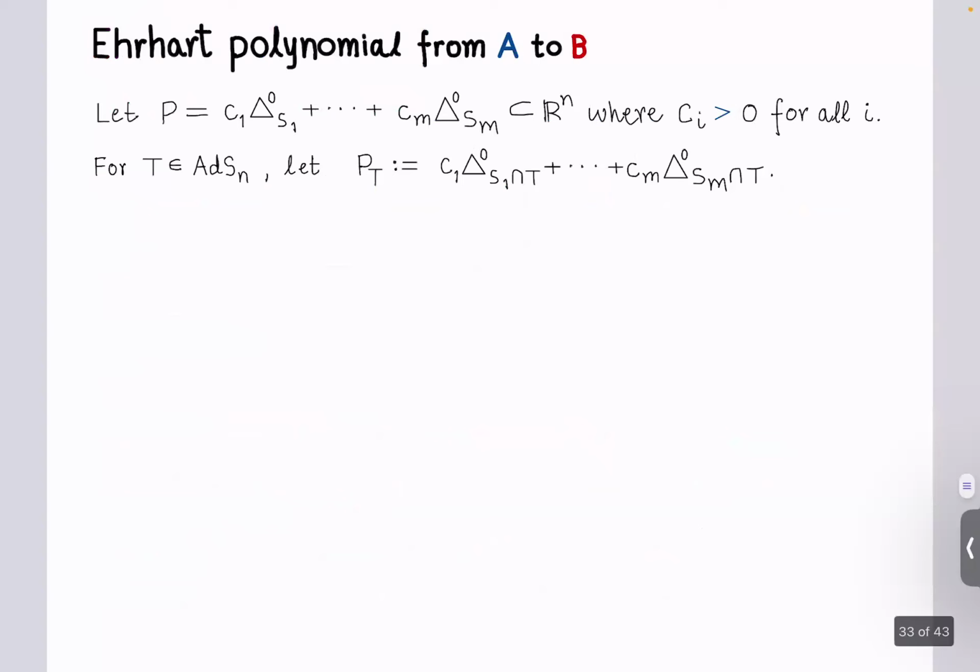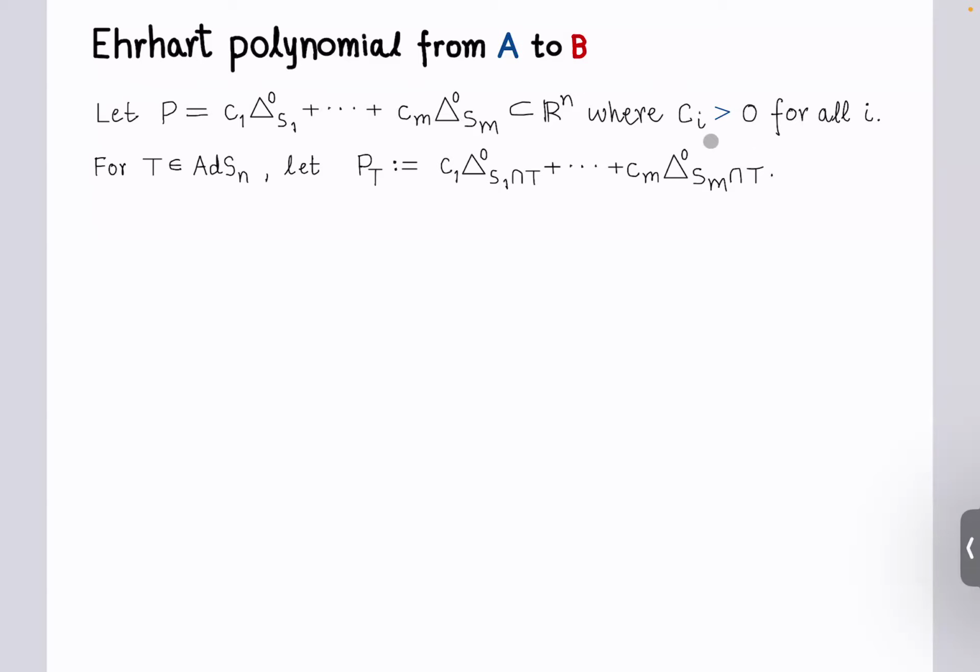Now, let me derive the Ehrhart polynomial from the generalized combinatorics of type A to type B. I'm going to tell you what the Ehrhart polynomial of type B is. So let P be a generalized type B permutohedron with c_I greater than 0. You can write it this way, right, by the previous theorem.